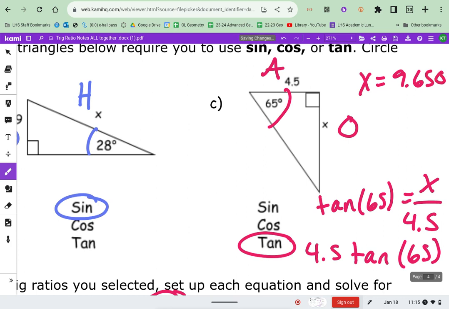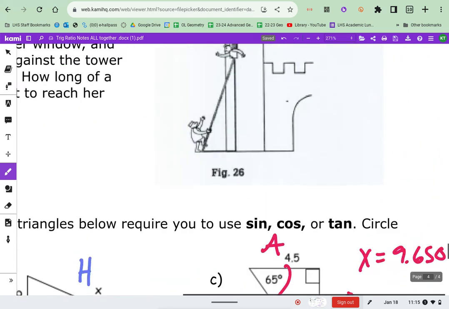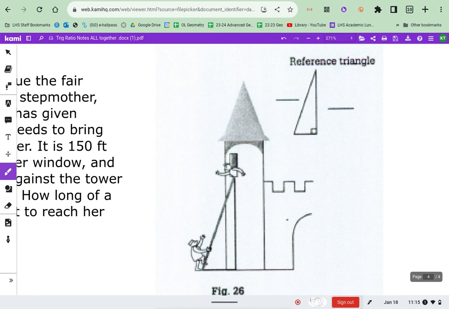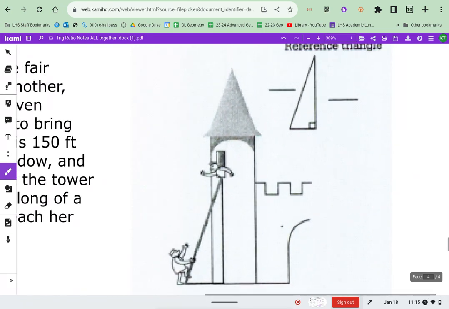Okay, let's try one more, and then we'll check in and see how you guys are feeling about this. Okay, so back up to the top one. Instead of reading it all to you, I will summarize what's happening in this picture. Prince Charming is climbing up a ladder to the tower to get Rapunzel. We want to know how long his ladder is, so that's our variable.